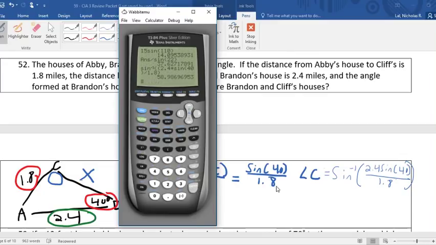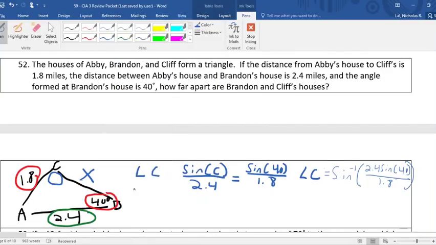That should give us angle C equal to 58.98 degrees. That's important. It's not the answer, but it's important. And from that information, we can find angle A.